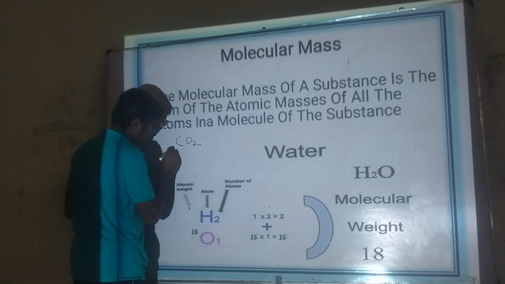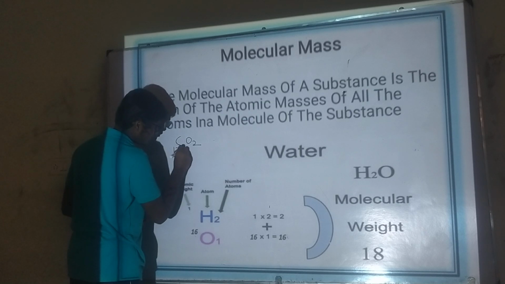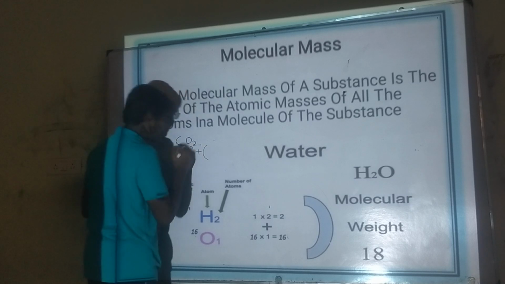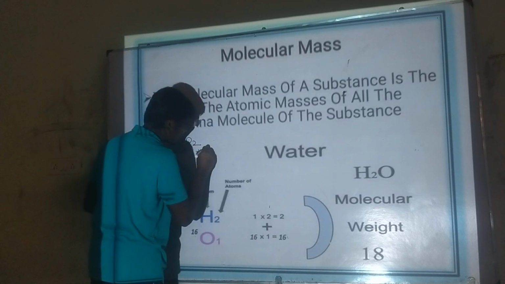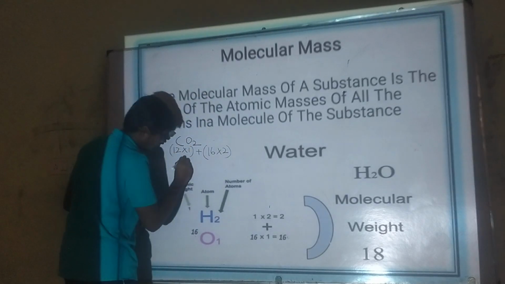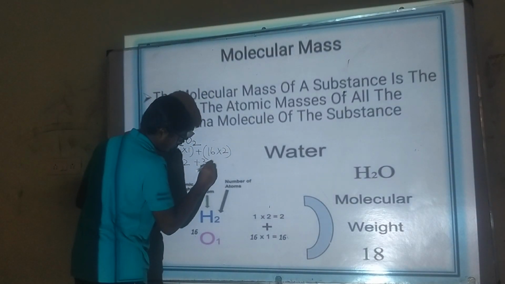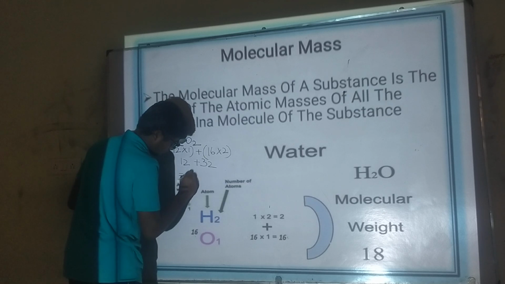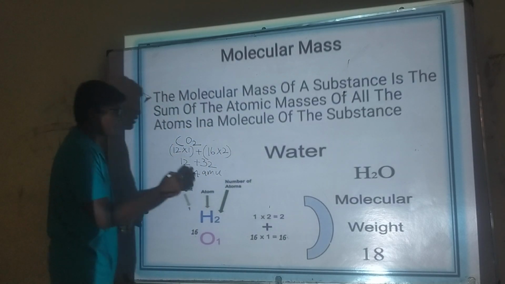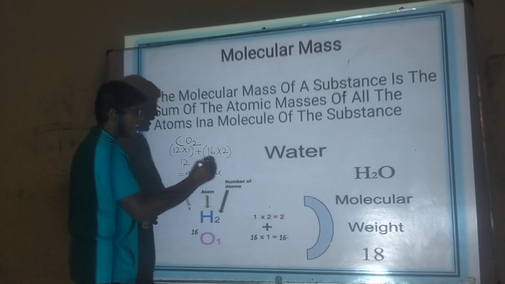The atomic weight of C is 12 and the atomic mass of oxygen is 16. So the molecular mass of carbon dioxide is 44 AMU.